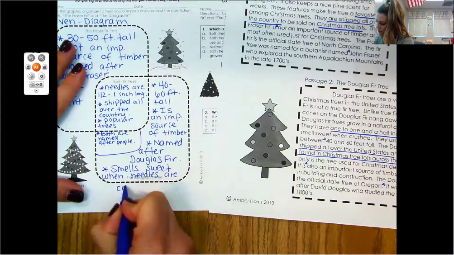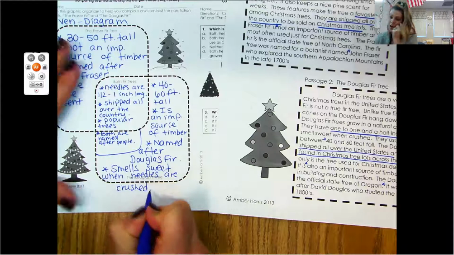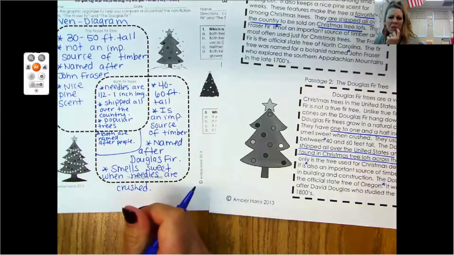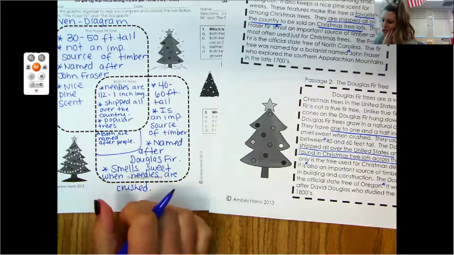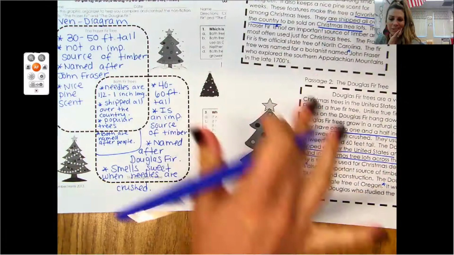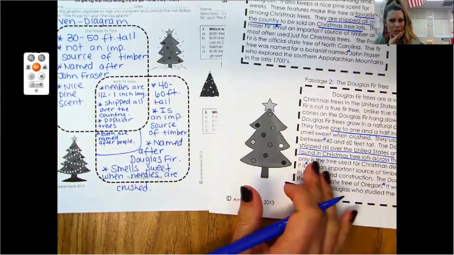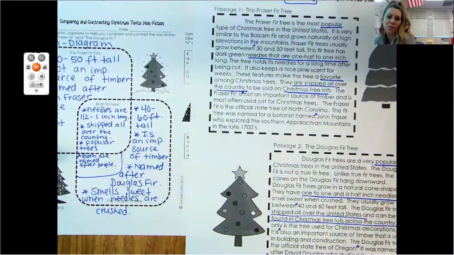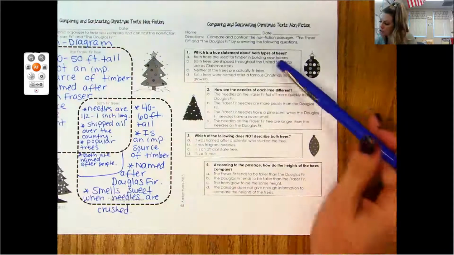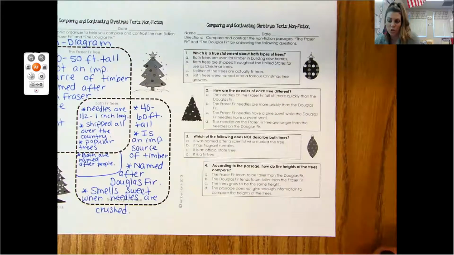All right, so I want you to do some investigating today. If you have a real Christmas tree up in your house, use some of these clues to figure out which tree you have. Your mom and dad might know, but do you have a Fraser fir or do you have a Douglas fir? All right, so I am going to send you off now to answer these four comprehension questions.